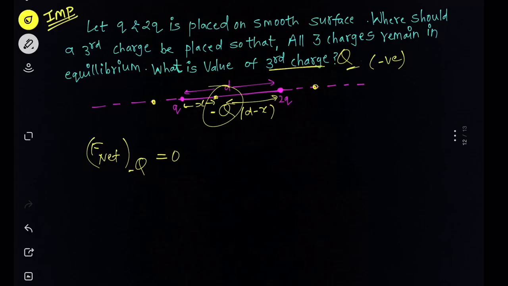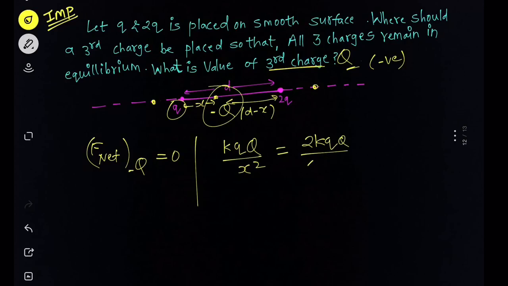Now what are the forces? Small q will attract towards left and this small 2q will attract towards right. So we can write these two forces as equal and opposite, but magnitude wise we can write kqQ divided by x square equals 2kqQ divided by (d minus x) whole square. Here we can cancel these terms and we'll have (d minus x) whole square as 2x square.